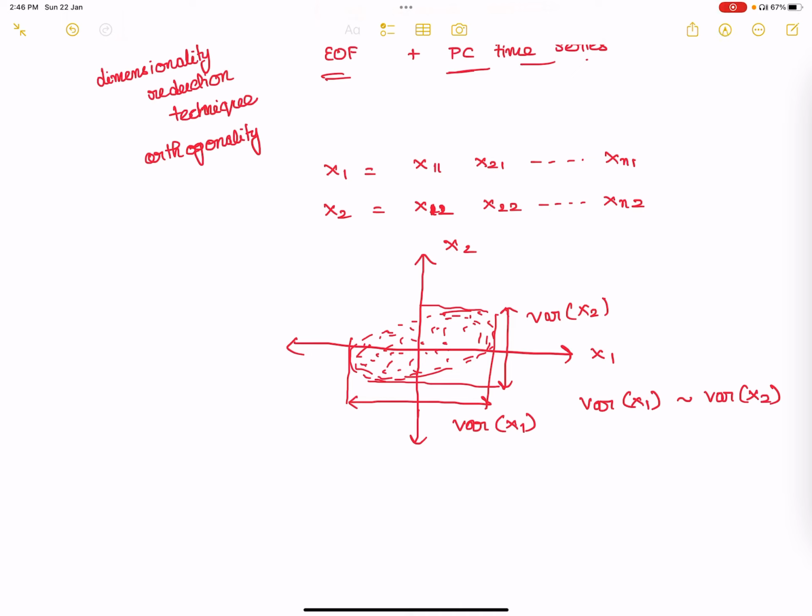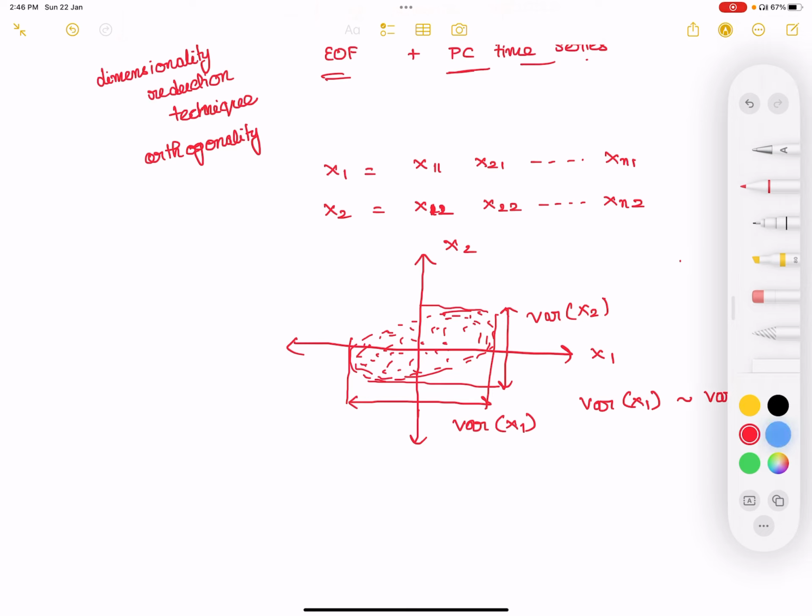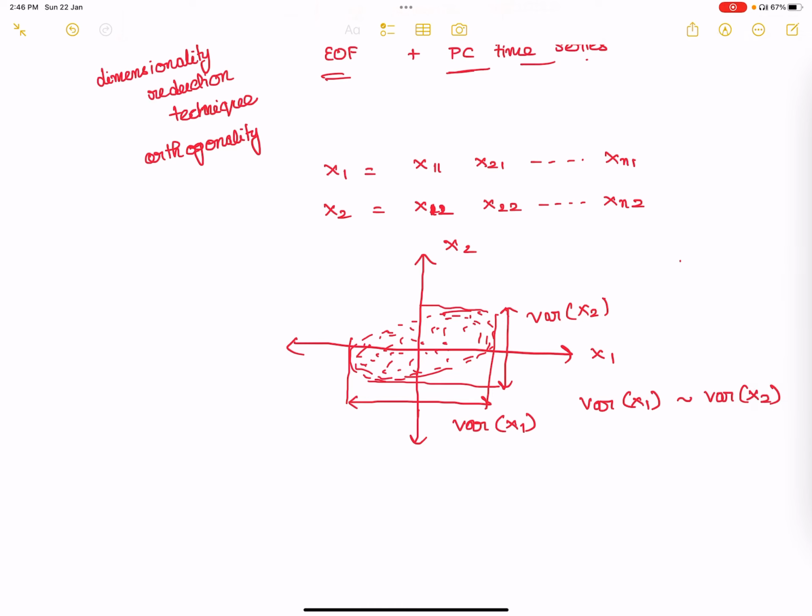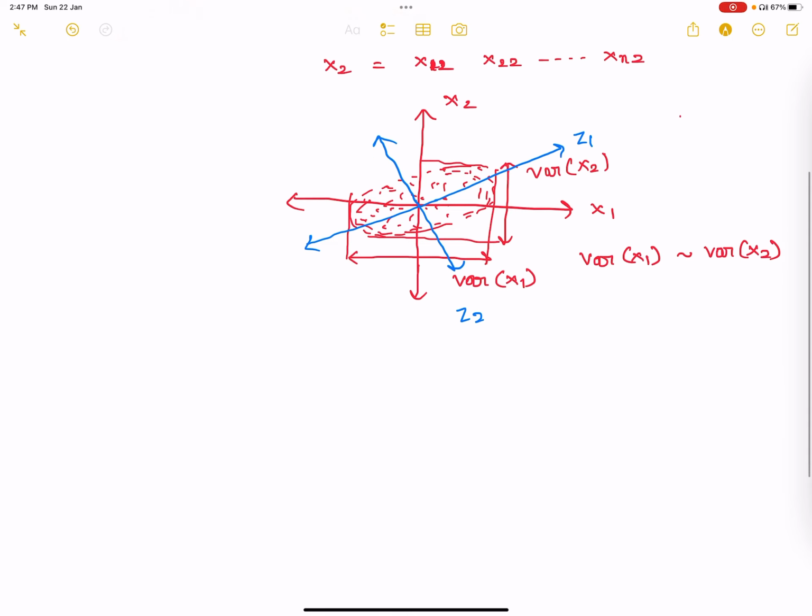But instead, if we make our coordinate system somewhat different, let us consider that this is our coordinate system. This is my Z1, and its mutually perpendicular axis is Z2. Now we can see that most of the points are lying along Z1, so all the scattering is now here.